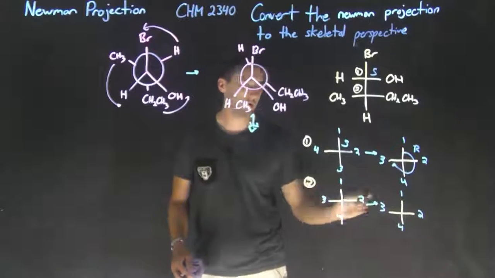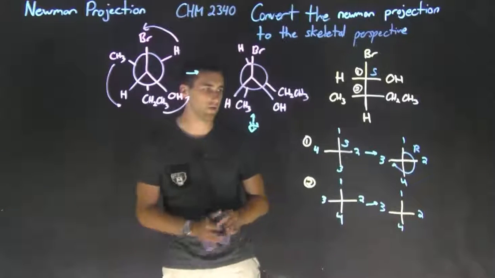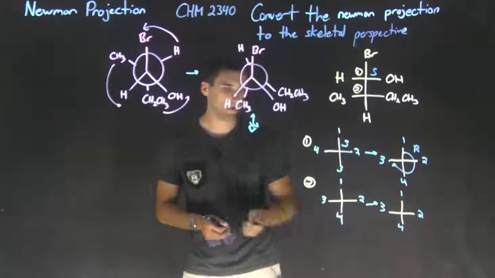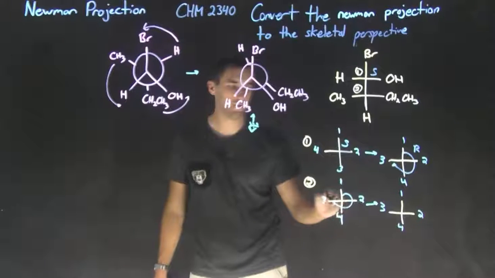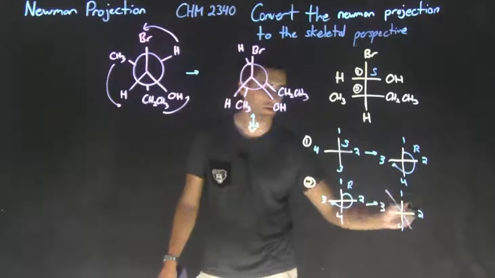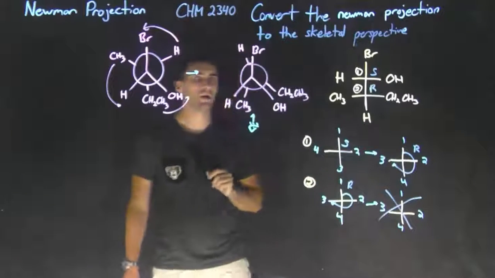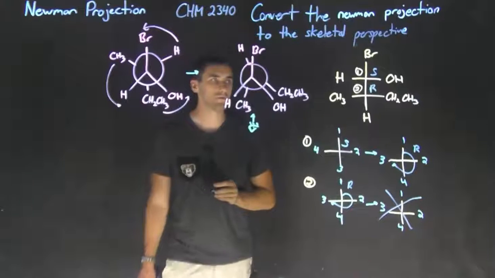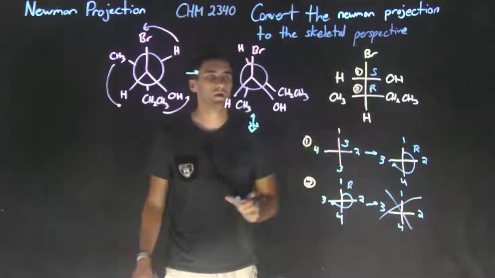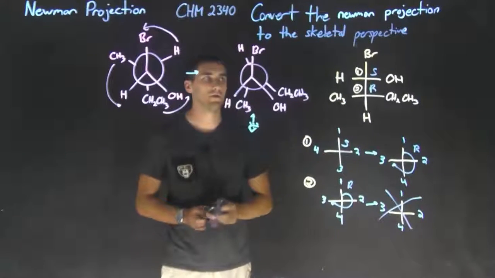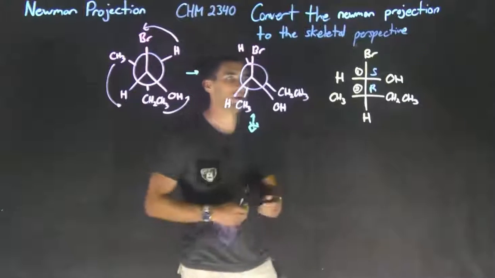And if you'll notice, we didn't even need to do a flip because 4 is already on the bottom. Now we have S and R for absolute configurations. Now we can convert to skeletal.